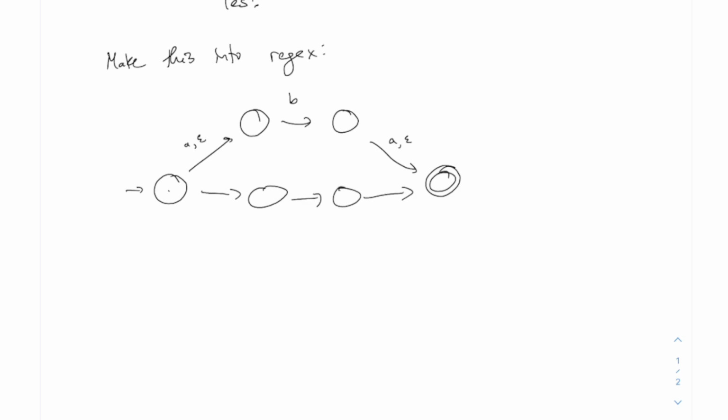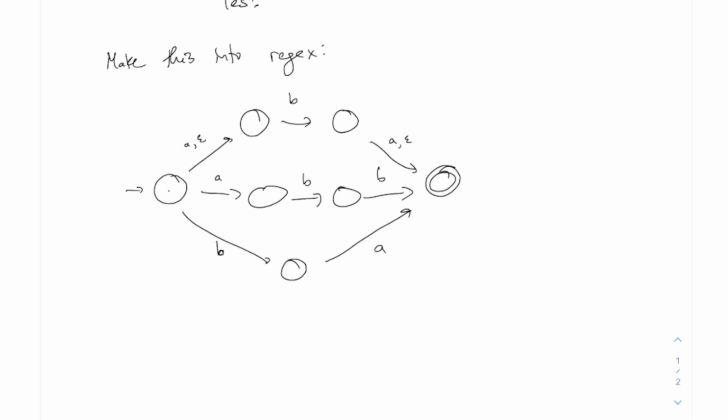It looked like this. A here, a B, and then down here, B and A like that. All right? And our job is to convert this into an equivalent regular expression that has the same language, all right?